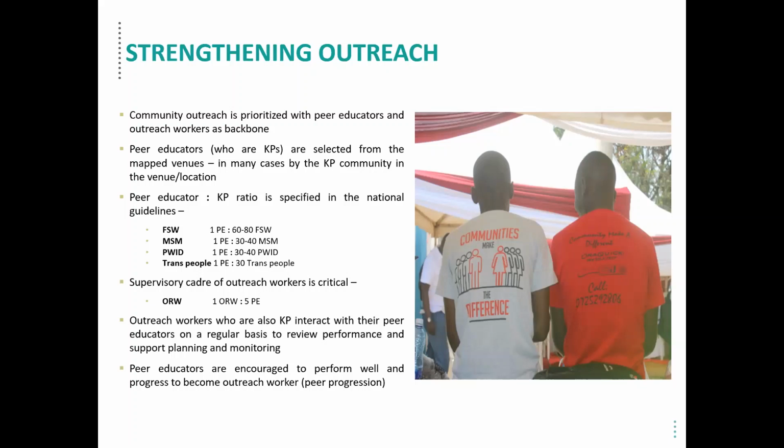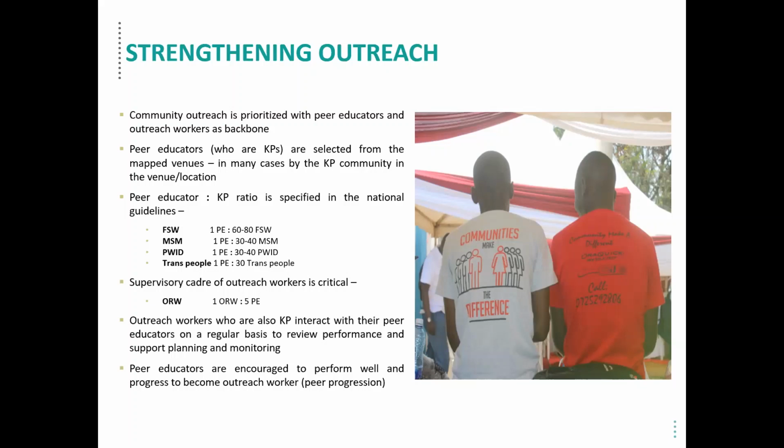Our peer educator to key population ratio is specified in the national guidelines, where for FSW, it's 1 peer educator for 60 to 80 FSWs. For MSMs, 1 peer educator for 30 to 40 MSMs. For PWID, 1 peer educator for 30 to 40 PWID. And for trans people, 1 peer educator for 30 trans people.